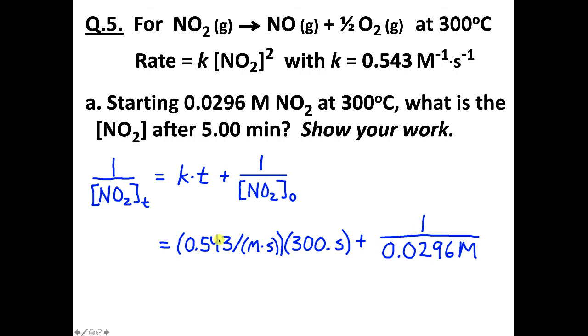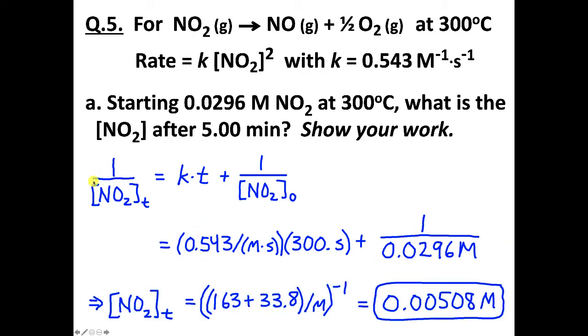Now note, this whole quantity, when you calculate it out, is going to equal 1 over NO2 at time t. So I got 163 for this number and 33.8 for this number. And so the quantity is the sum of 163 plus 33.8.